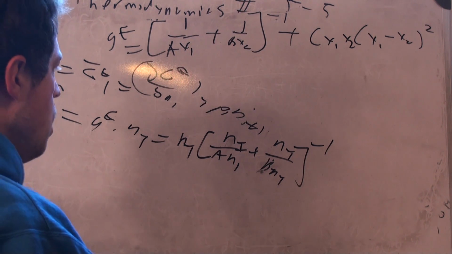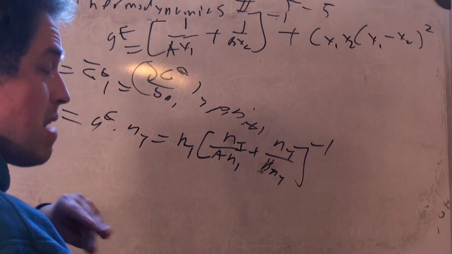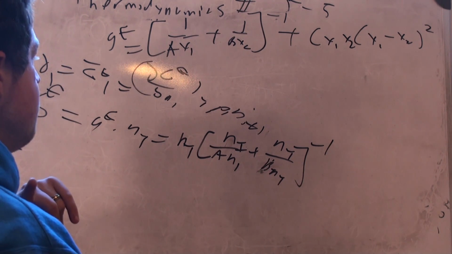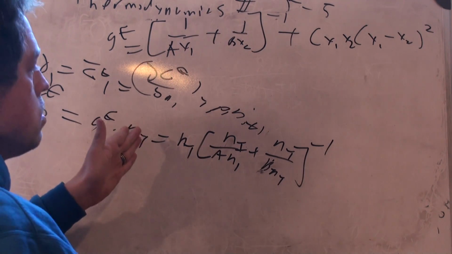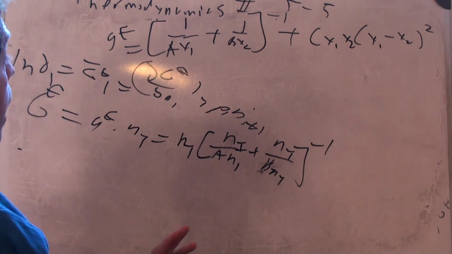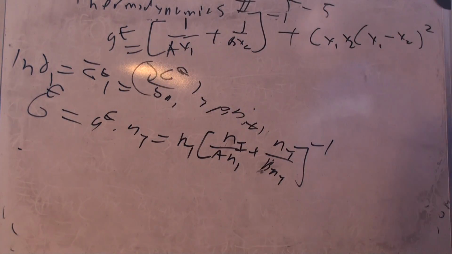Does that mean I can just get rid of those N totals? I don't know. That seems like some pretty naughty math. So we're going to leave that be for now.